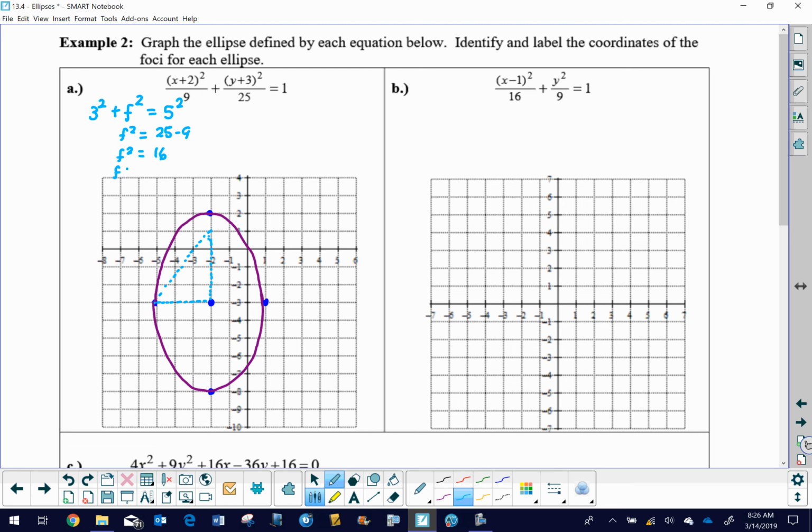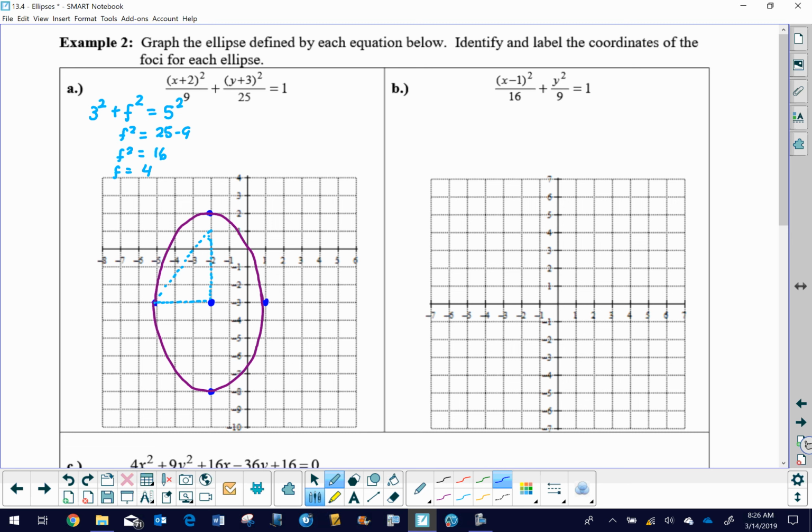And that does give us an f value of 4, which is kind of an unusual problem in that it does have some very nice integer value coordinates for its foci. So to finish this up then, we know that 4 is the distance we would count out from our center to get to our foci.